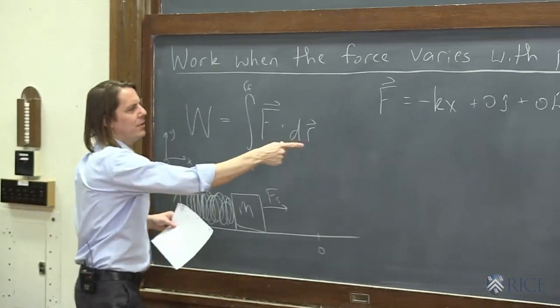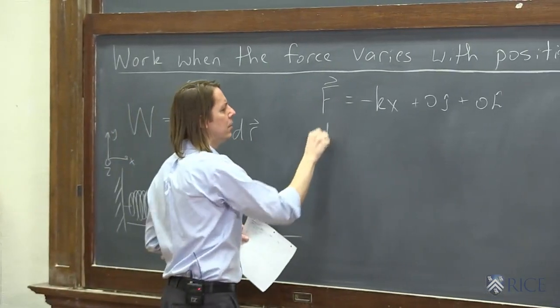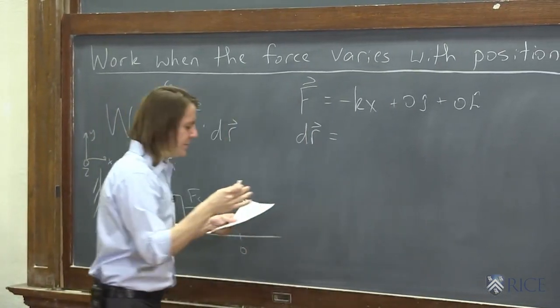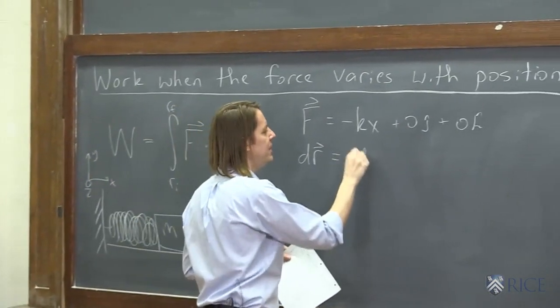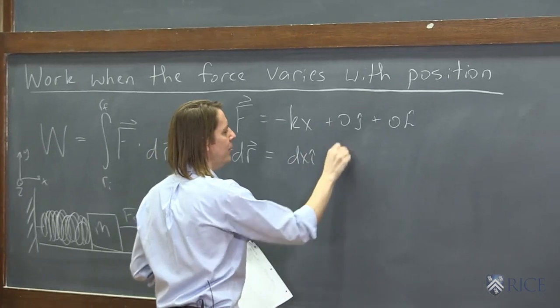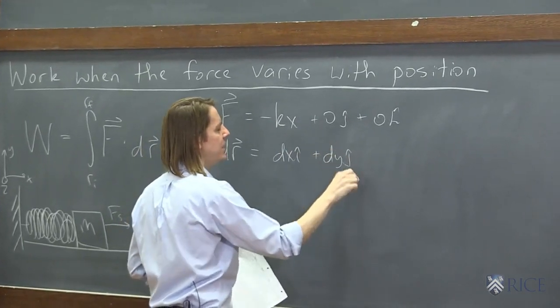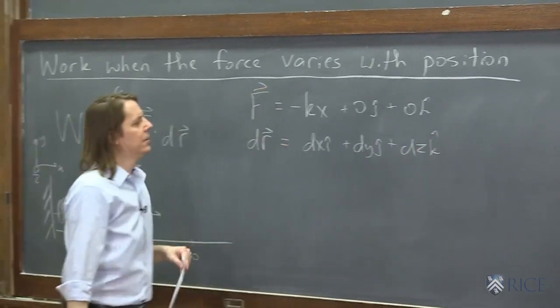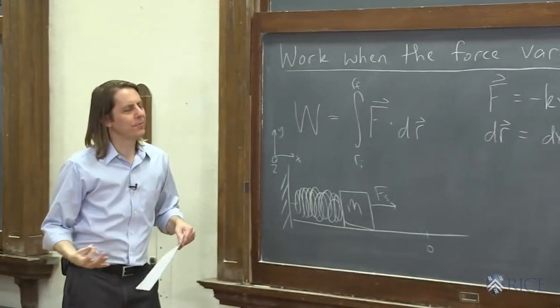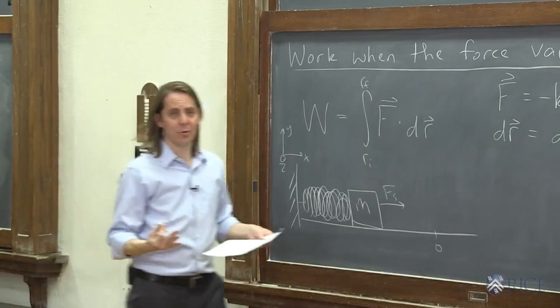So we have F, we need dr. You can really just think of dr as the differentials in each dimension. It might move a little dx i hat, it might move a little bit in the j hat, dy, plus dz k hat. So we brought in those other differentials, but when we take the dot product, they're going to go away.